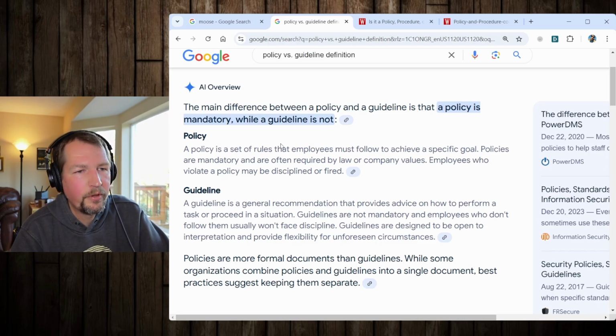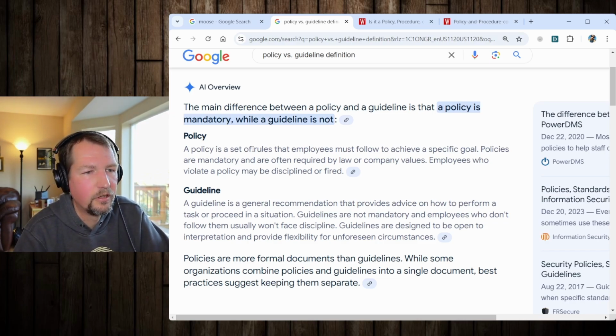I think what employees really need their management hierarchy and the HR organizations to do is be very, very clear about what is a policy and what is a guideline when it comes to working from the office or working from home.